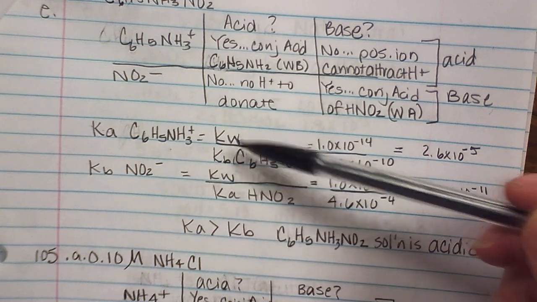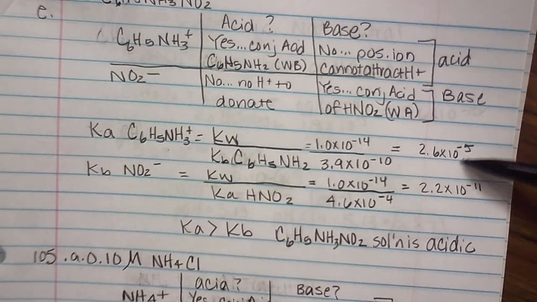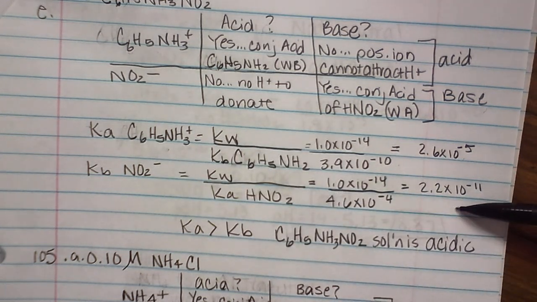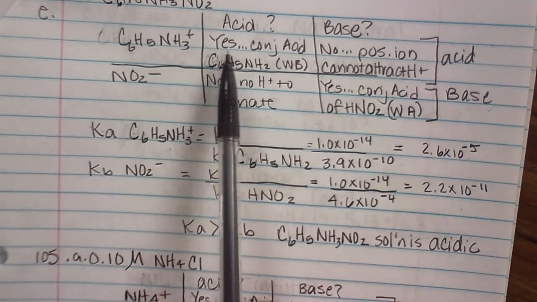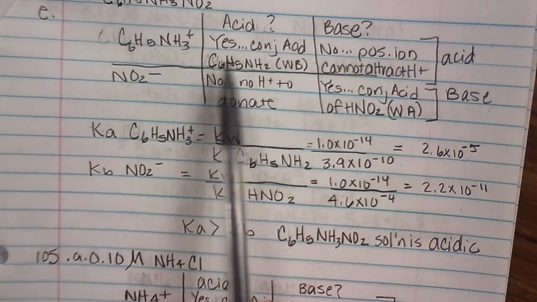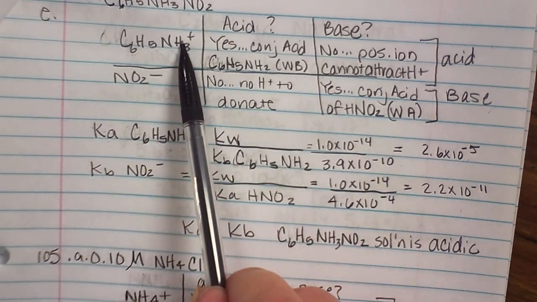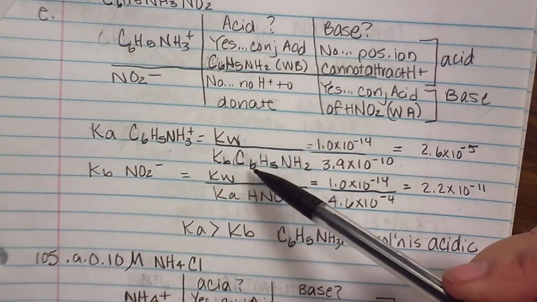So Kw divided by the Kb gives you the Ka, and then Kw divided by the Ka gives you the Kb. I like to write out that since this is acting as an acid, I am looking for the Ka of this. So I am going to divide the Kw by the Kb of what it is not.